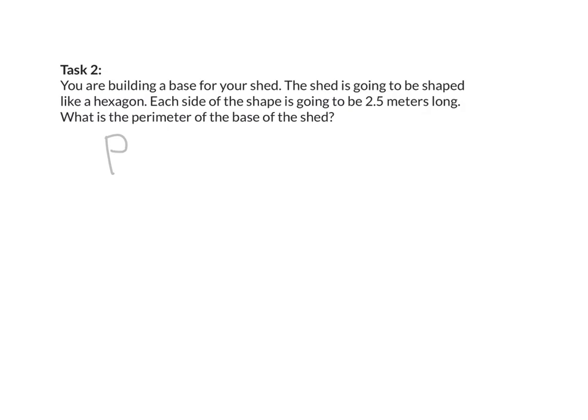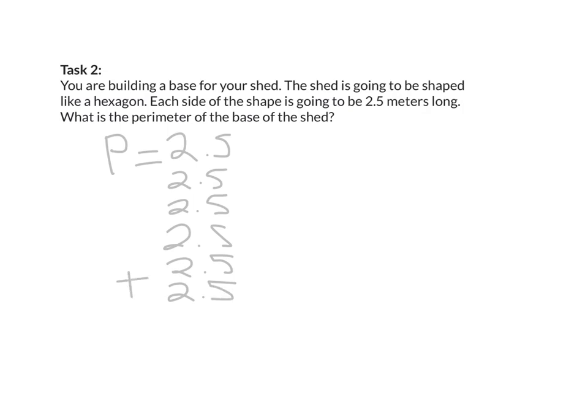So perimeter equals 2.5 plus 2.5. And there's 6 sides, so I would have to add that 6 times. Okay, and I add that together.